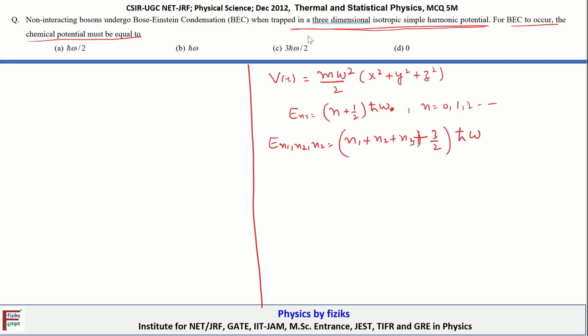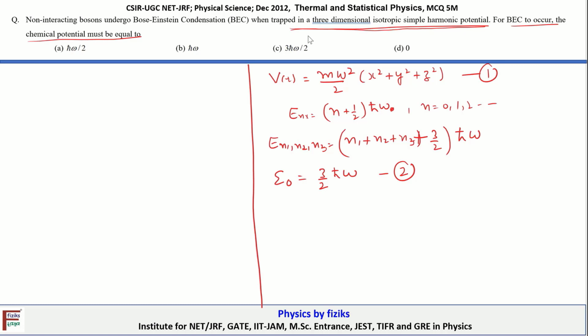So for the ground state energy, let me call that E0, that corresponds to n1 equal to n2 equal to n3 equal to 0. E0 will be 3 by 2 h cut omega. So let me call this as equation 1 and this as our result 2.